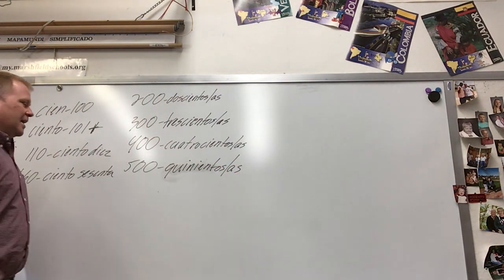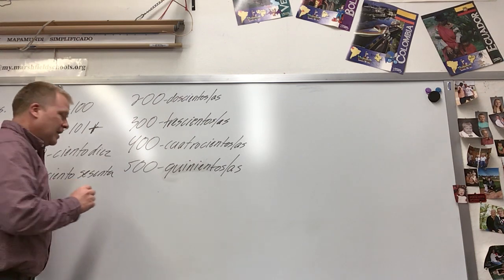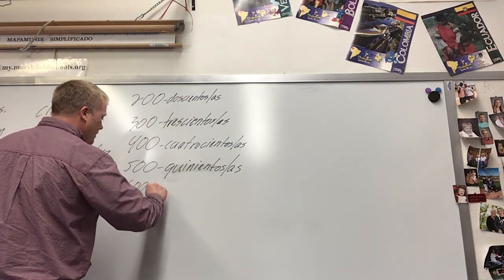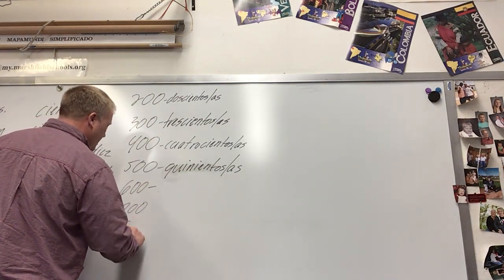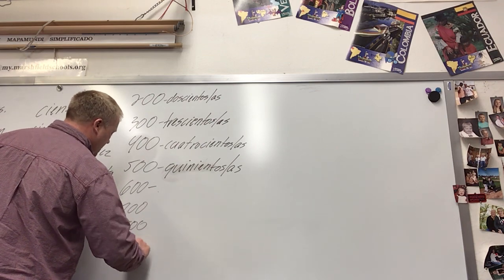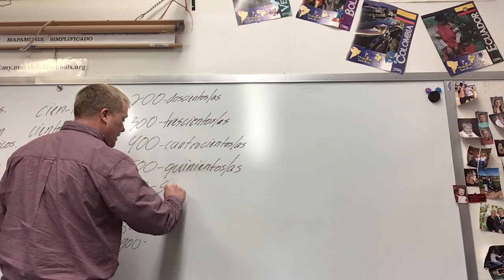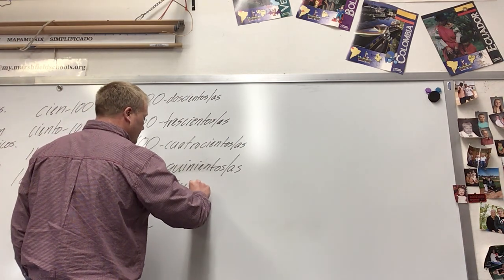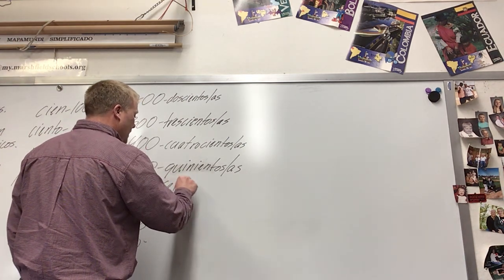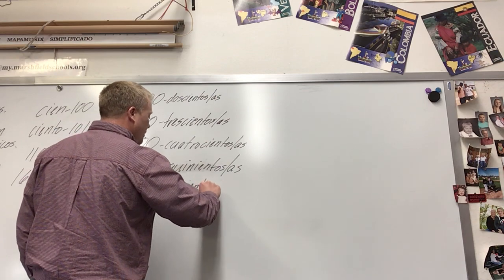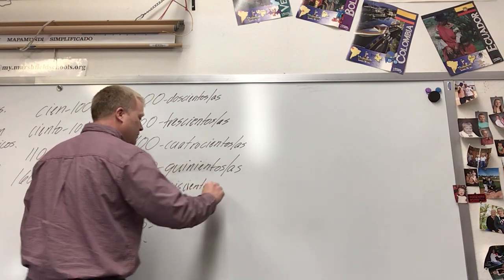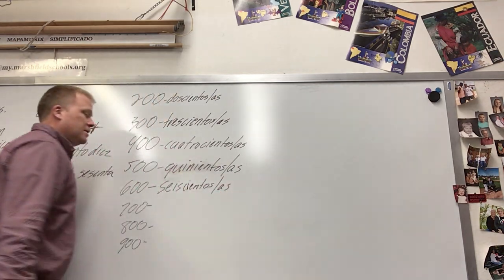Awesome. 600, 700, 800, 900. 600, we go back to just saying seis, so seiscientos. Try not to put accents there. 600 or seiscientas.